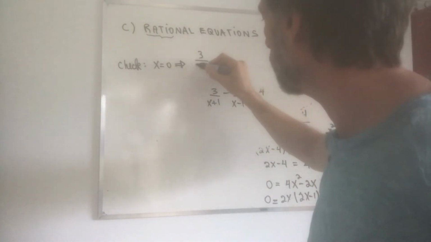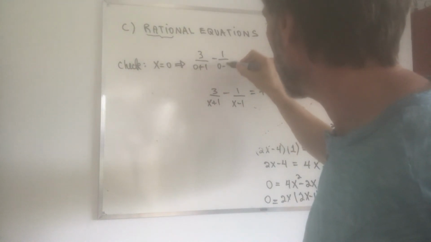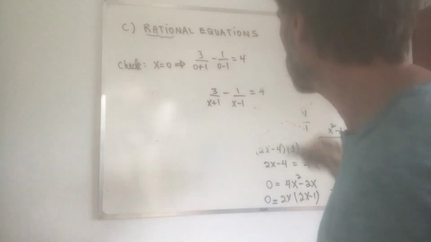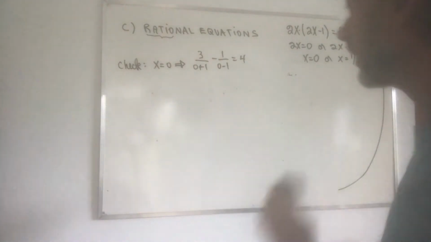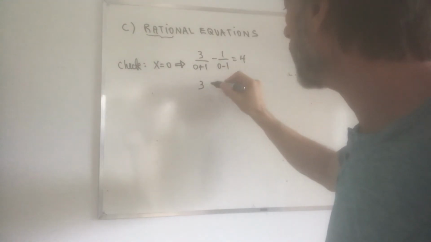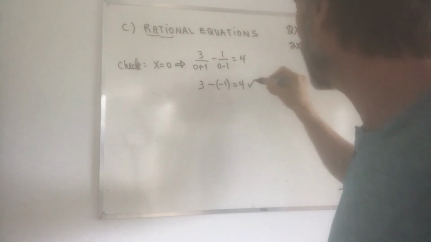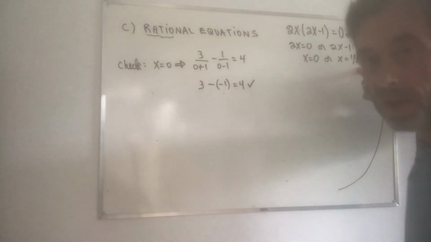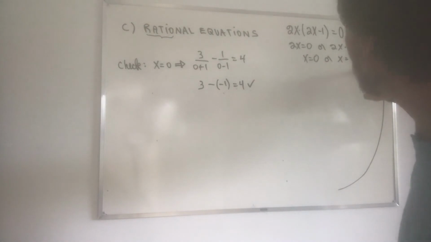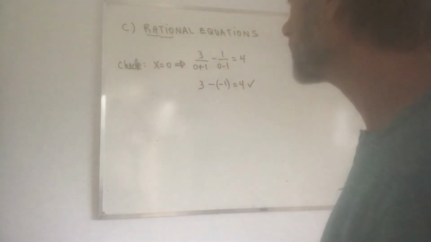So 3 over (0 plus 1) minus 1 over (0 minus 1). That should be equal to 4. Does it work? Do you see it working? So that's 3 minus (minus 1), which equals 4. It works. I will leave the checking of x equals 1/2 to your good care, and you will see that it also works, no problem.